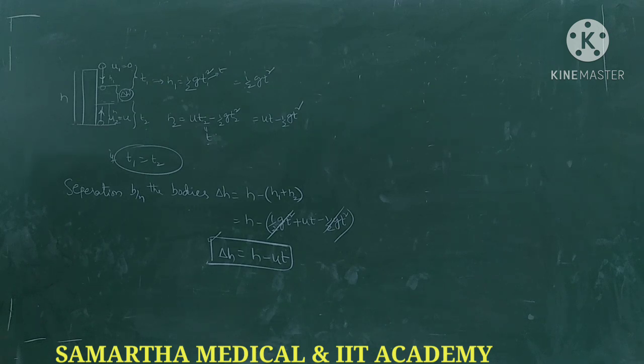After a time t seconds, the separation between the two bodies is h minus ut. This is the diagram and this is the condition.